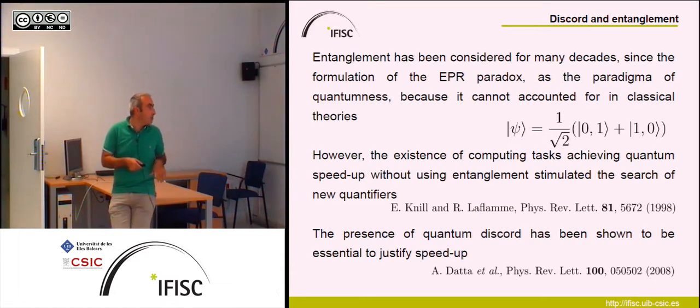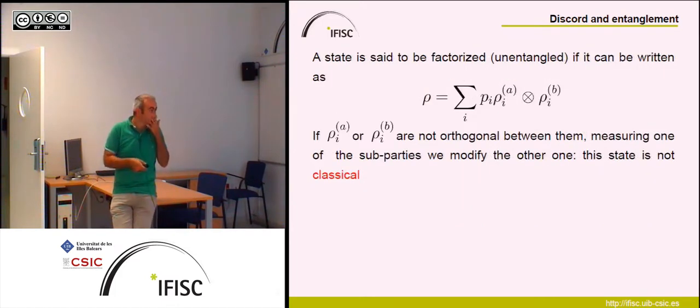On the base of this change of opinion is the observation that there are computational tasks achieving a speed up of the operation that can only be justified by invoking quantum mechanics, that can be obtained by using states that are not entangled.